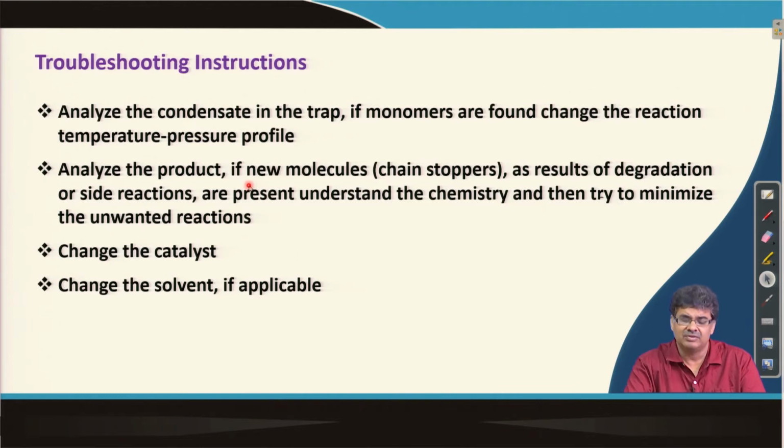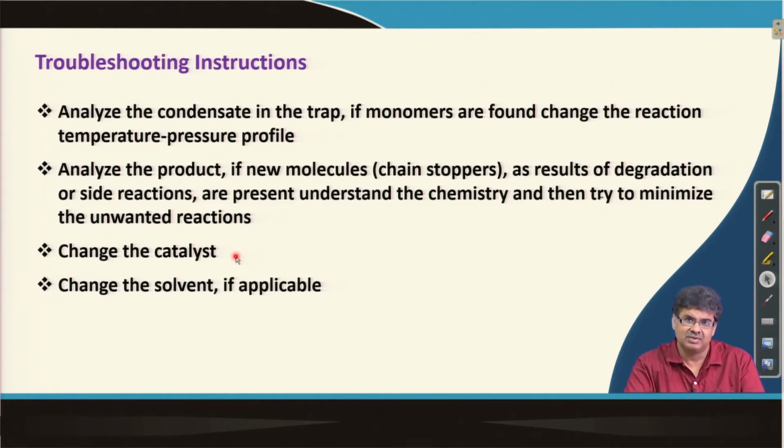And we can also analyze the product to find out whether the chains are stopped by a different molecule than what was expected. In that case, there is a possibility that chain stoppers were actually produced during the reaction as a result of degradation or side reaction. So, we must understand the chemistry of those reactions and try to minimize this.